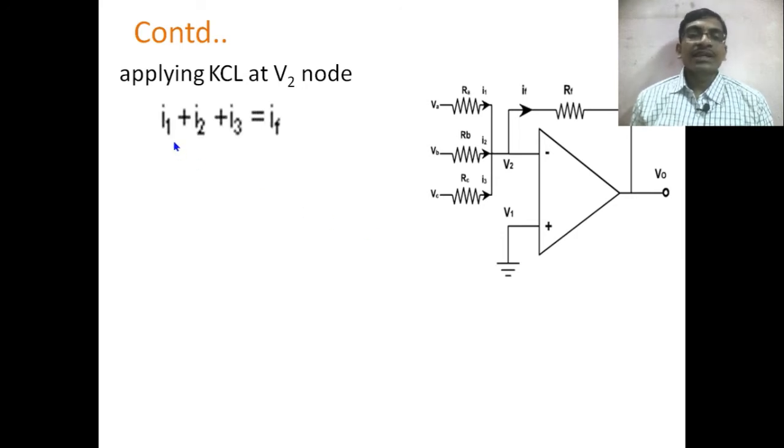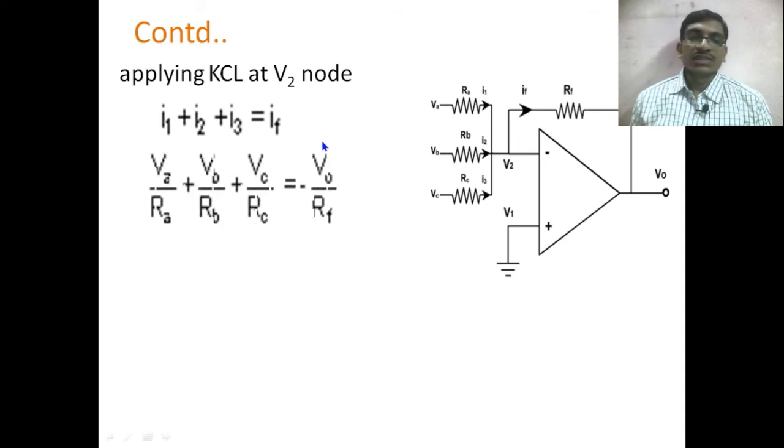See, I1 plus I2 plus I3 is equal to IF. Incoming currents equal outgoing currents. IB2 was neglected from the equation.